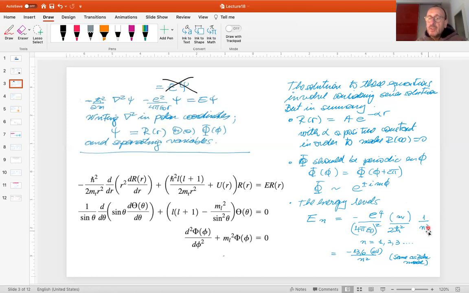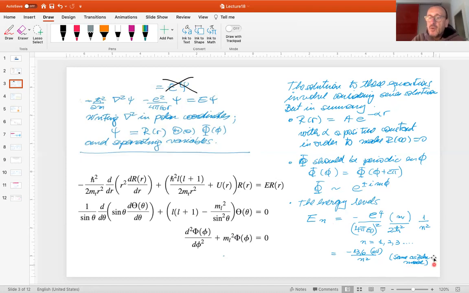The first number that you can find here is 1. And as these numbers start to increase, the energy is closer to 0. These energy levels are negative. It means that the electron is actually bound to the nucleus. That's a negative energy. 0 energy would mean the electron moving freely up to infinity.